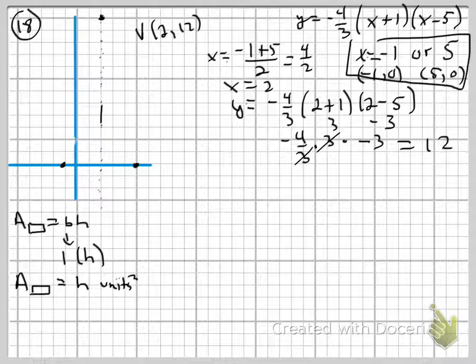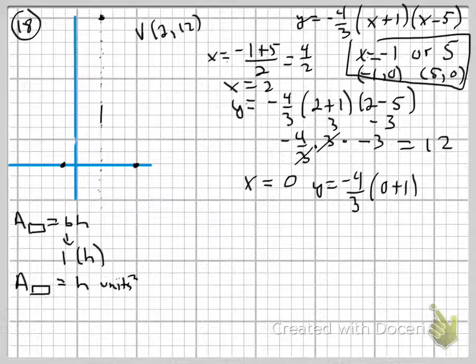Or we can try 0. Let's try x equals 0, because that should give fairly easy numbers to calculate. So we get y equals -4/3 times (0 plus 1) times (0 minus 5).